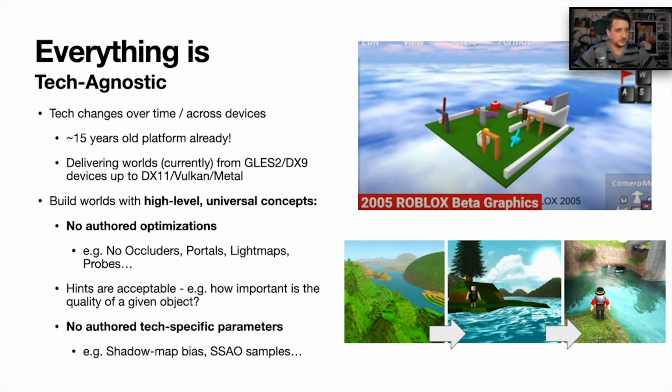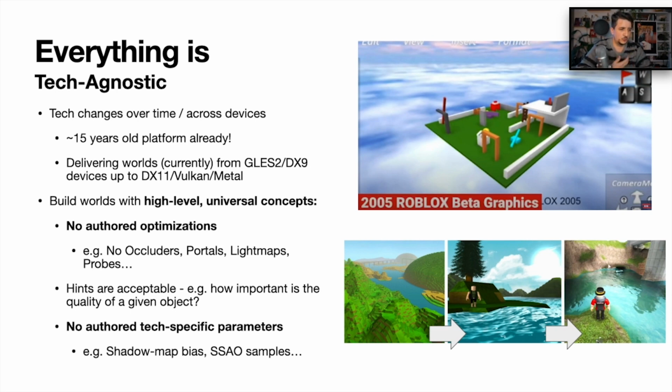So the idea of the data model is that everything is tech agnostic. You have to think that this platform has been around for 15 years. If we create anything that was meant for a given technology and a given era, it would quickly be obsolete. Instead, the world is built with high-level, universal concepts.